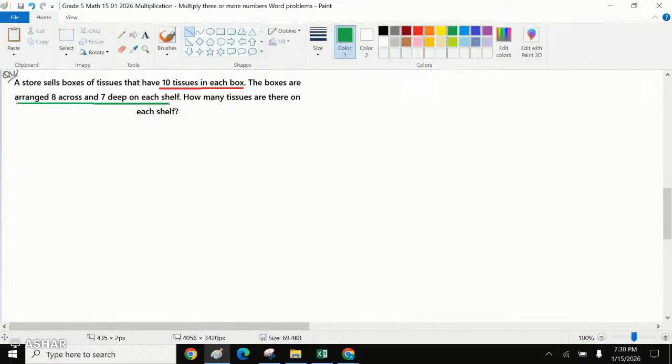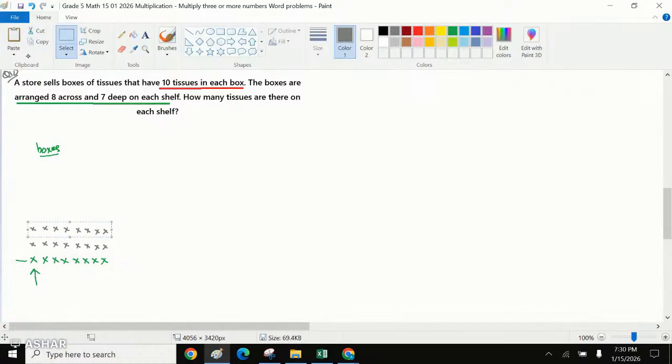How many tissues are there on each shelf, right? First we need to do is number of boxes, right? So there were 8. 1, 2, 3, 4, 5, 6, 7, and 8. This is your view, which what you can see in the front, right? But what they are saying is they are 7 deep. What they are telling us that there are 7 boxes total of 7 boxes kept over here.